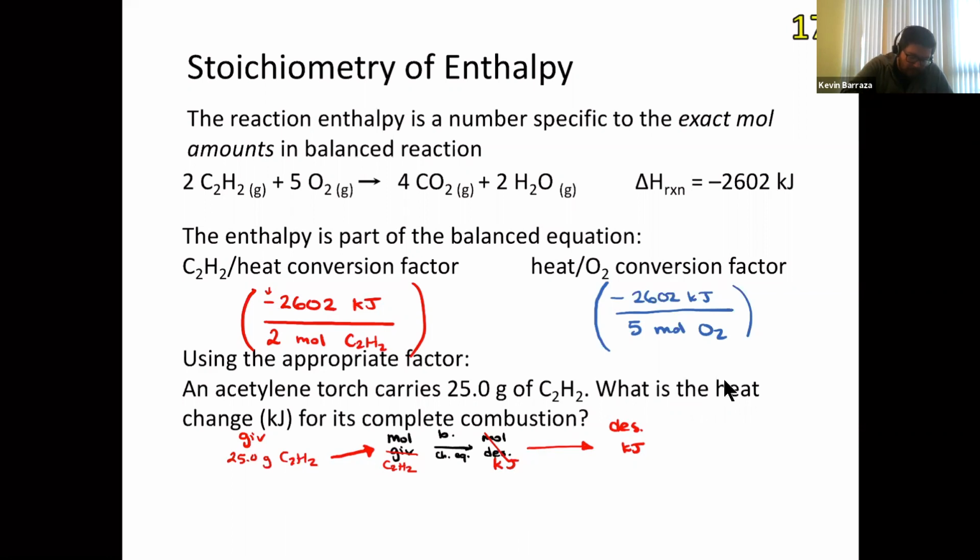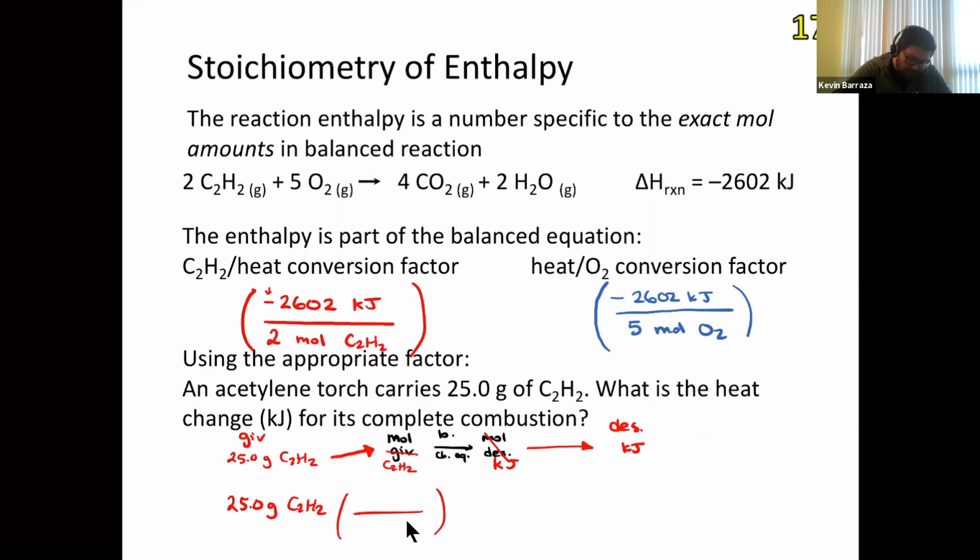So how's that going to look? I'm going to start with my given, C2H2. What's my first conversion? I see the arrow is grams to moles. That's the molar mass conversion. I've actually already done that calculation, but if we were to do it, it would just be 2 times the mass of C plus 2 times the mass of H, and put it down here.